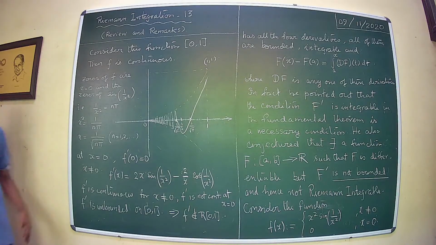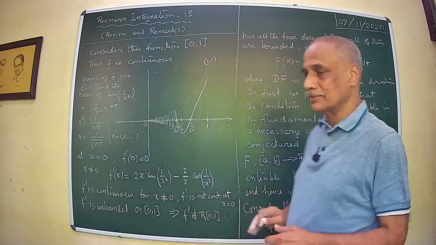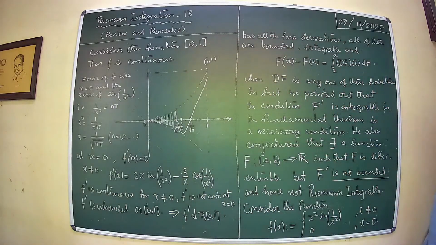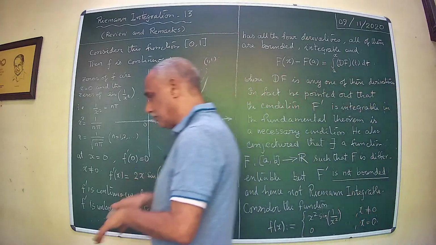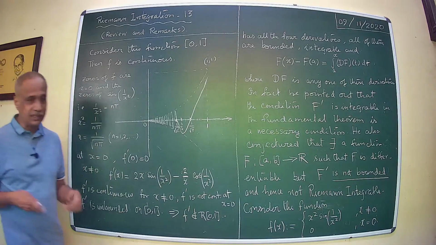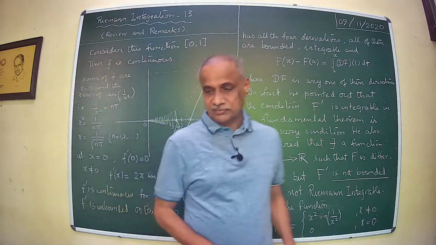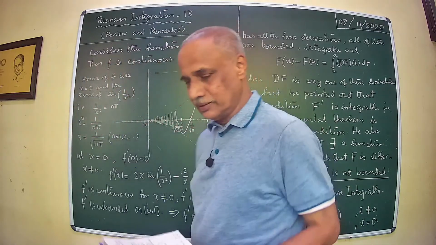So you see that we are running into deeper and deeper waters, and this pursuit of this function, in fact, was carried forward further in another example, which we shall look at in some detail. Okay, so we look at Volterra's example.